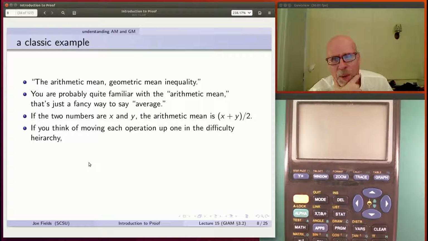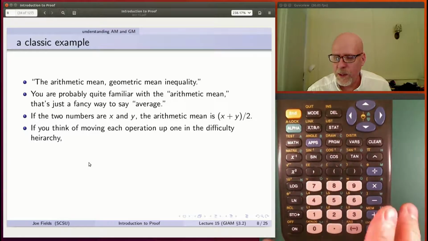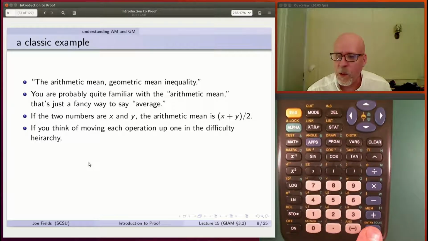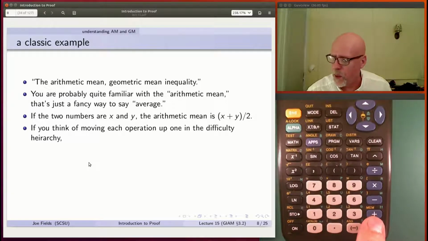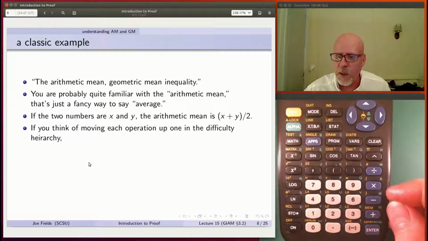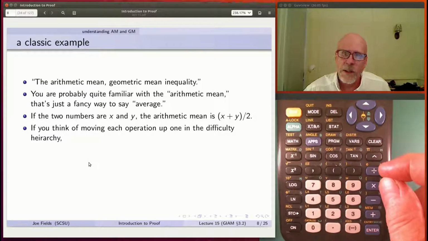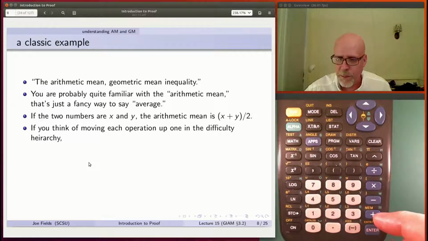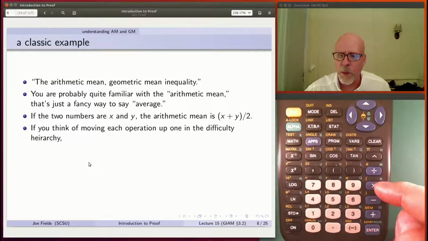So one way to approach this is to think about moving each of those operations up a level in the difficulty hierarchy. I've often pointed out that the difficulty hierarchy is actually present on the calculator. Adding and subtracting are at one level. The next higher level is multiplying and dividing, because repeated adding is multiplying, and repeated subtracting is dividing.